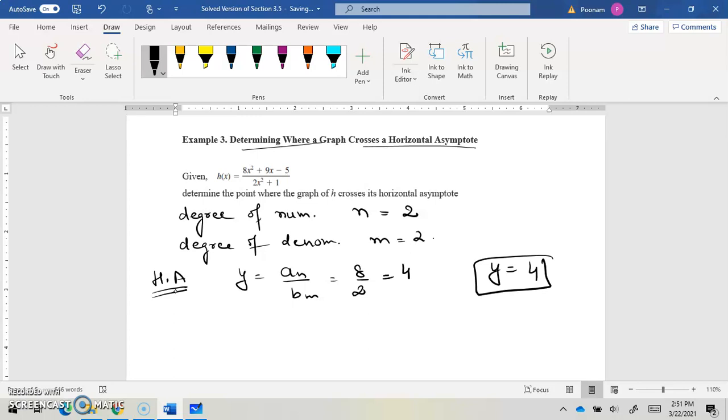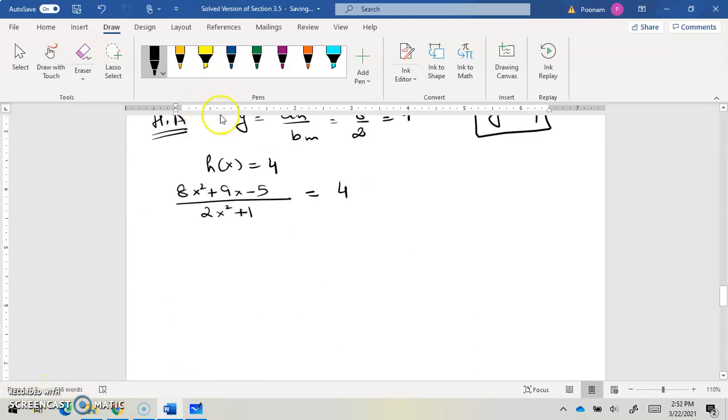Now, we need to see where this graph actually passes through the horizontal asymptote, meaning where the function's value would be equal to 4. So we can say 8x squared plus 9x minus 5 divided by 2x squared plus 1, where does it become 4?